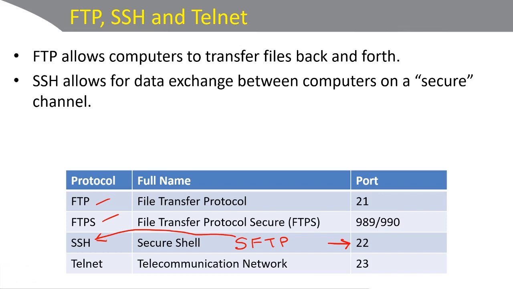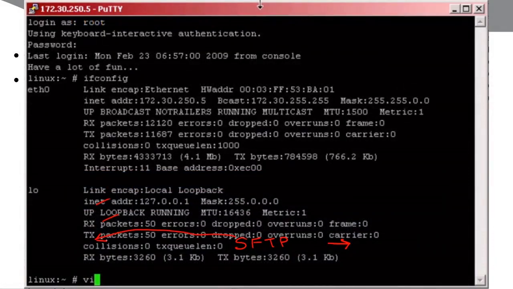And so another program that you can use to remotely control systems using SSH, this goes beyond FTP, is a program called PuTTY. And here I have two systems. I've got a server that is running SSH. It's a Linux box.